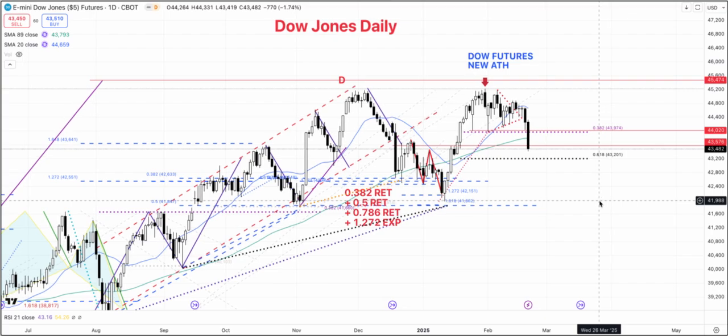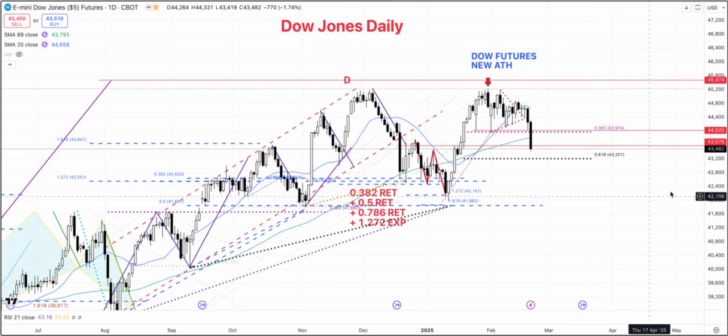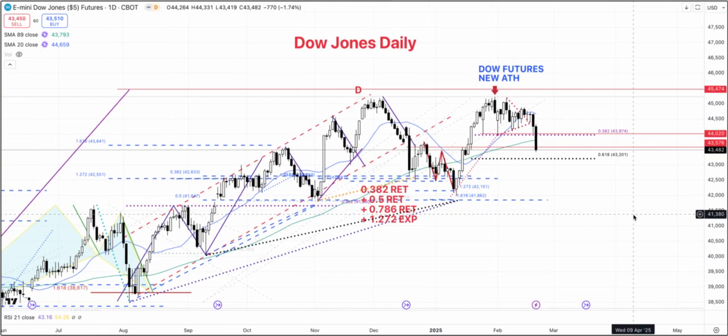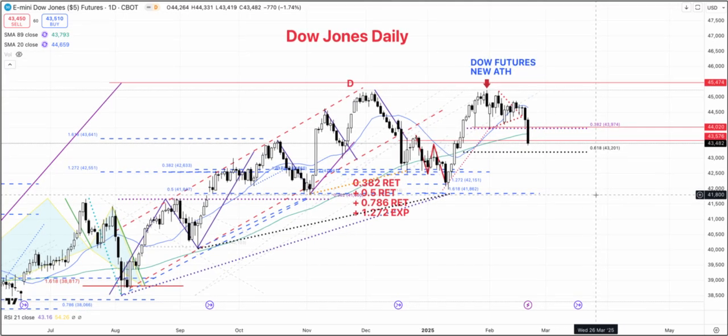We need to be paying really close attention, because markets rotate, and it does look like we are seeing a rotation underneath these indices. I actually did a video yesterday in which we took a look at 5 stocks which on the weekly basis outperformed the broader index, the S&P 500.